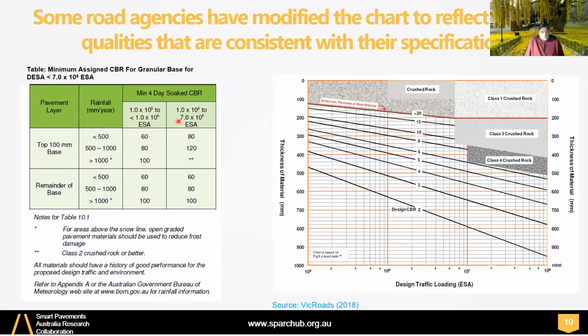And if it is more than 1 million and less than 7 million, then you select 80. When the rainfall increases, you have to have a higher subgrade value because the effect of water will be more. So that's one way you can accommodate the climate effect into this design.